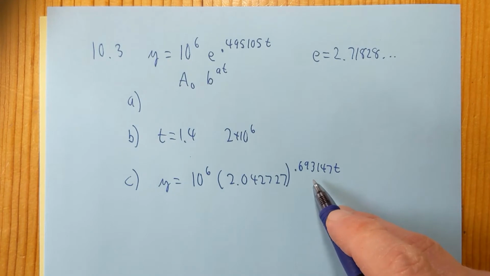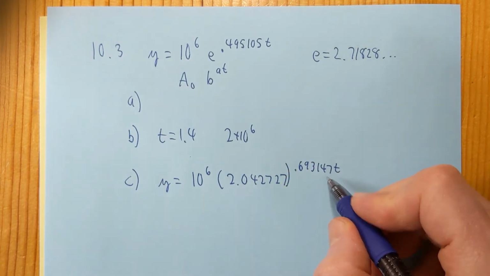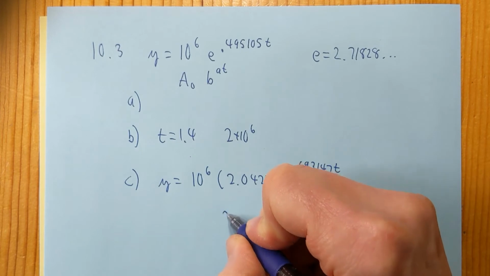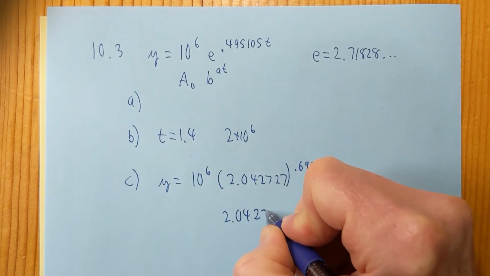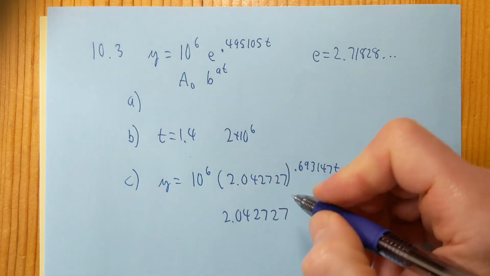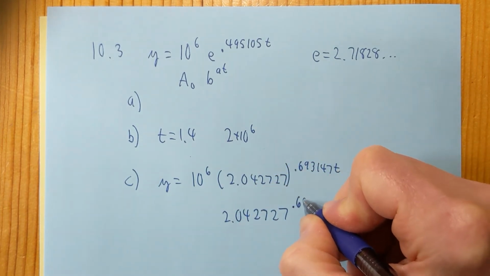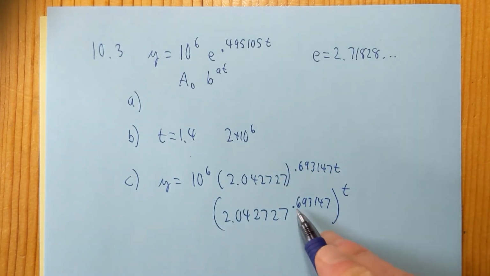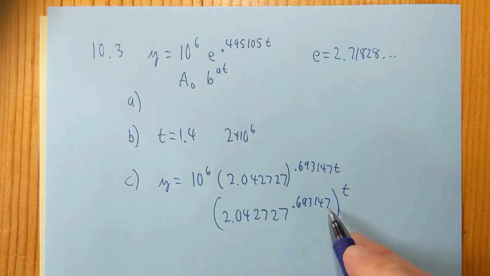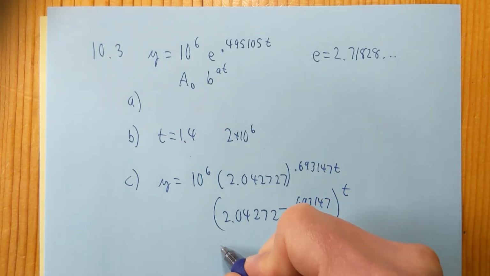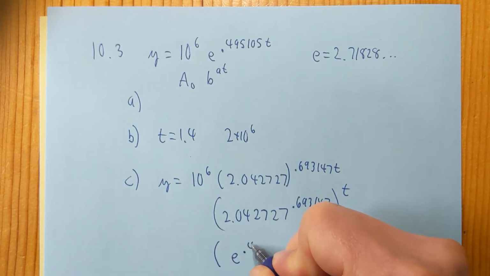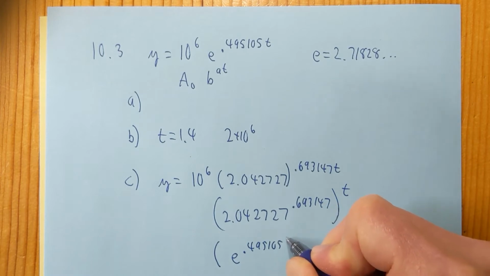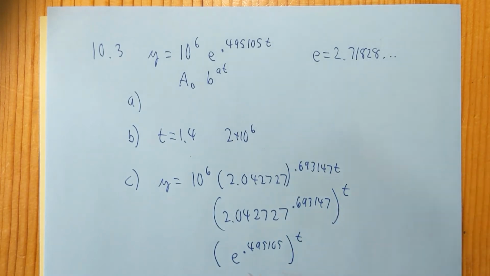So what you do is you use our rules here, and this is the same thing as 2.042727 to the 0.693147, all of that to the t, because you multiply exponents, so raising it to the t is the same thing as putting the t there. You want to see, is that the same thing as e to the 0.495105 to the t? So is e to that number the same as this base to that number?